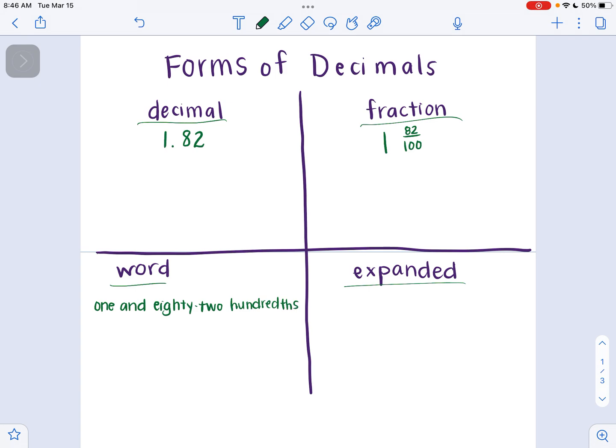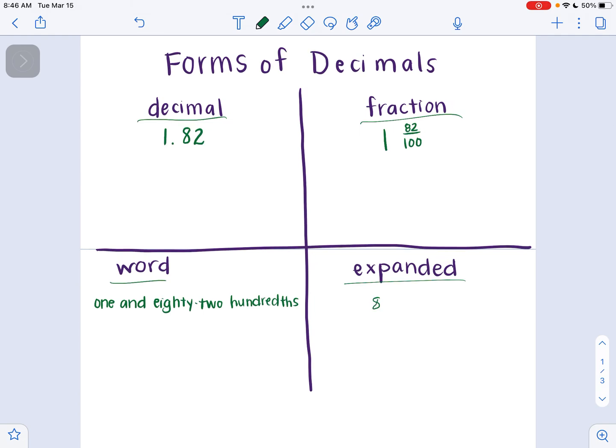One that we haven't talked about too much as far as decimals go is the expanded form. So when I am doing the expanded form, remember if I were to take, for example, like 842, I would go 800 plus 40 plus 2. That's the expanded form. So what is that going to look like in decimals? Well, I would go like this.